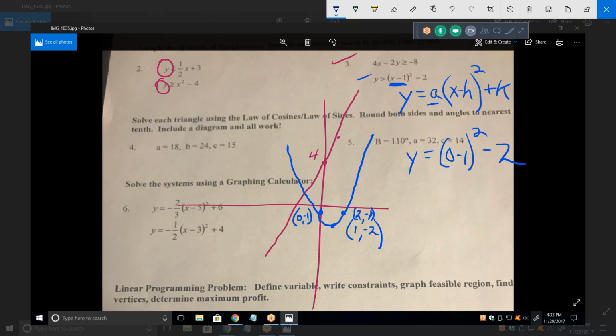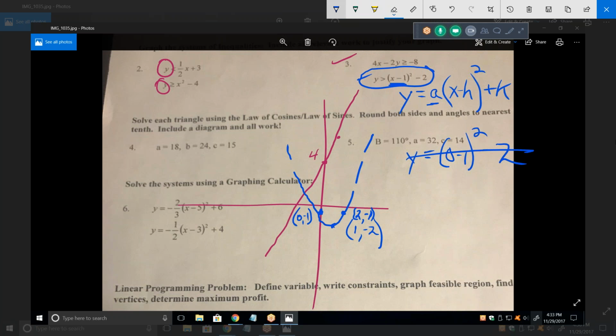Which side do I shade? Because it's not that, it's this. It'd be below. Is it a dotted line or a solid line? It would be dotted. I forgot to ask when I was doing it.